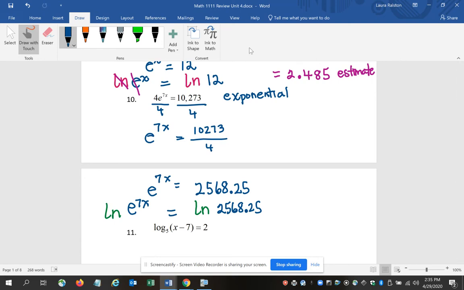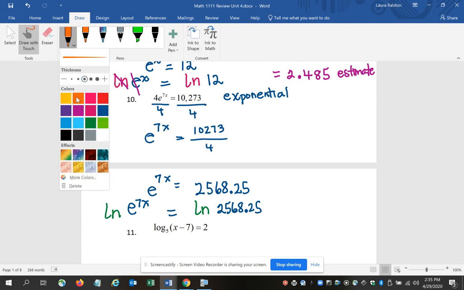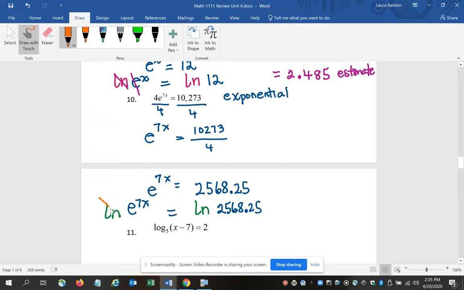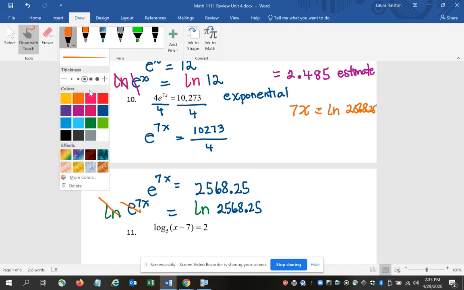Again, the whole point of taking the natural log is because natural log base e and exponential base e will divide out, and I have 7x left equals the natural log of 2,568.25. And I'm ultimately trying to solve for x.